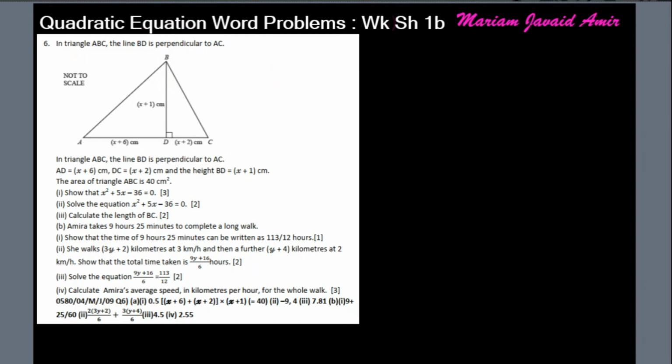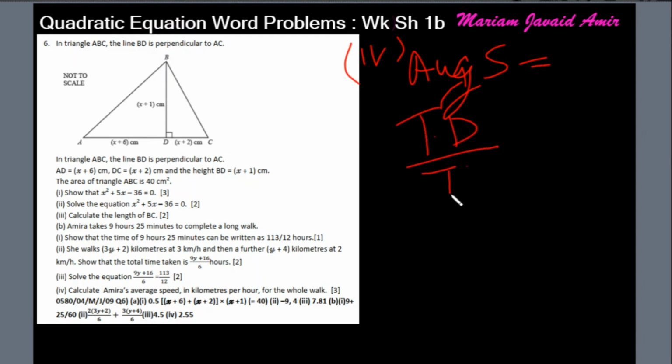The next part says calculate Amira's average speed in kilometers per hour for the whole walk. The formula for average speed is total distance over total time. The total distance covered is 3y plus 2 and then y plus 4.